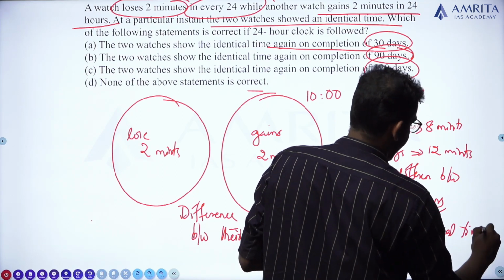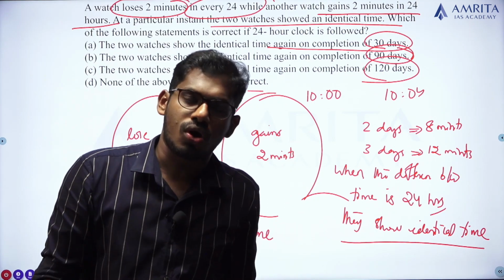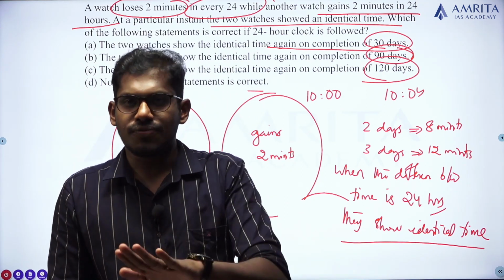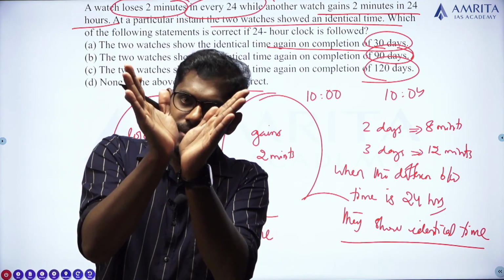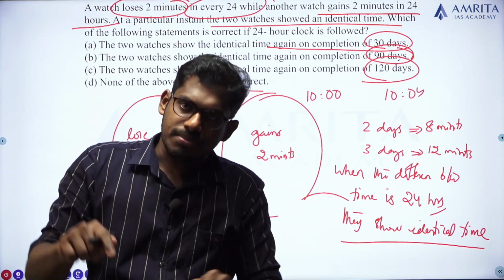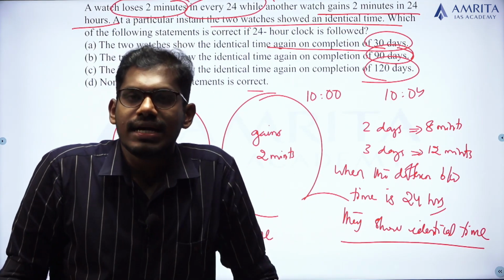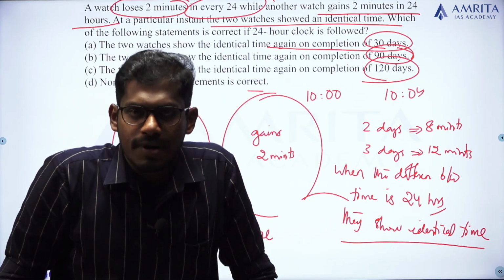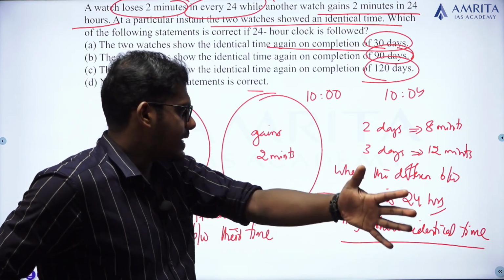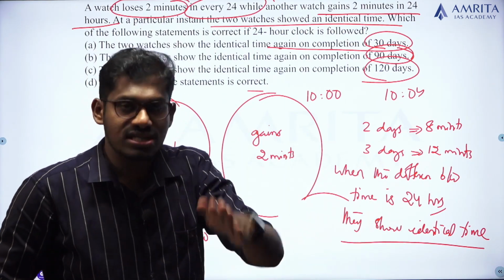Once the difference in the time between the two clocks is 24 hours, they show identical time. They are differed by 4 minutes, 8 minutes, 12 minutes, and when the difference becomes 24 hours, they both show identical time. Clear? Okay, so we have to find the days taken so that the difference between the time of the two clocks is 24 hours.